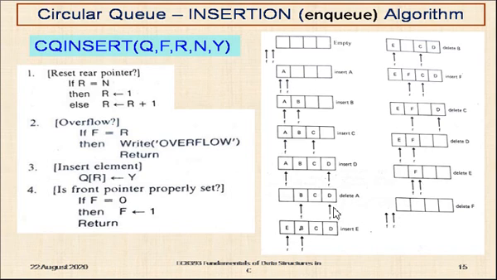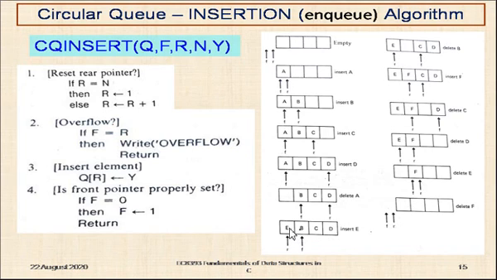So the pointer is moved in a circular fashion, as you have seen already in the representation of the circular queue. So the pointer R is now moved in a circular fashion, from 4 to 1. So Q of 1 is equal to Y. What is Y? Y is E in this example. So E is placed here.